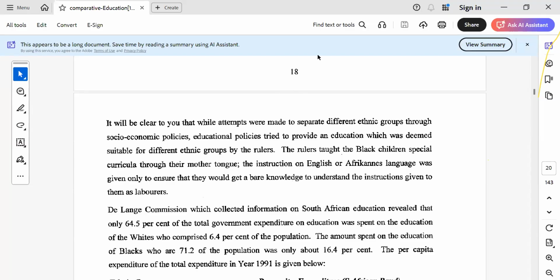The rulers taught black children special curricula through their mother tongue. Instruction in English or Afrikaans was given only so that they would have bare knowledge to understand the instructions given to them as laborers. So the medium of instruction was also selectively given.